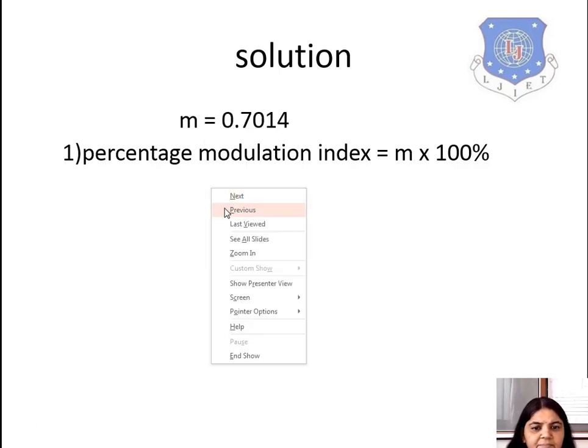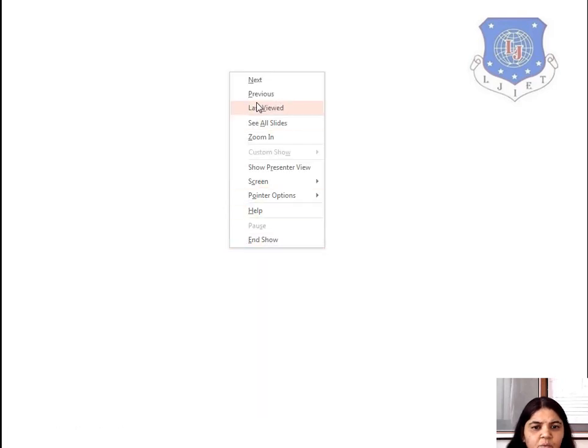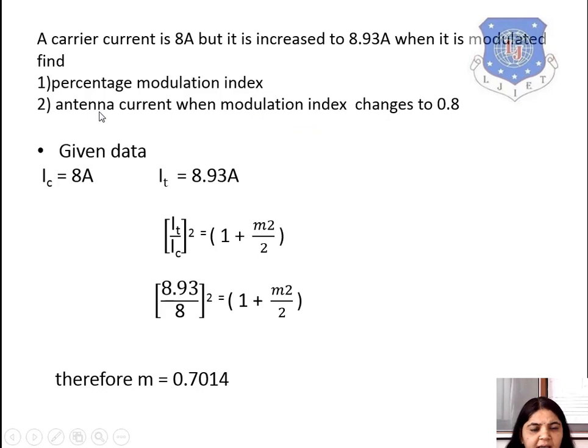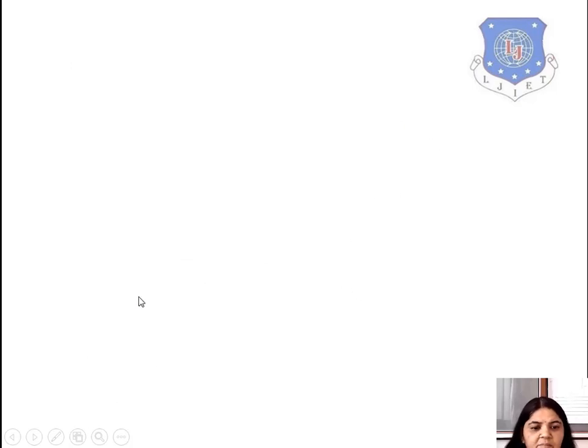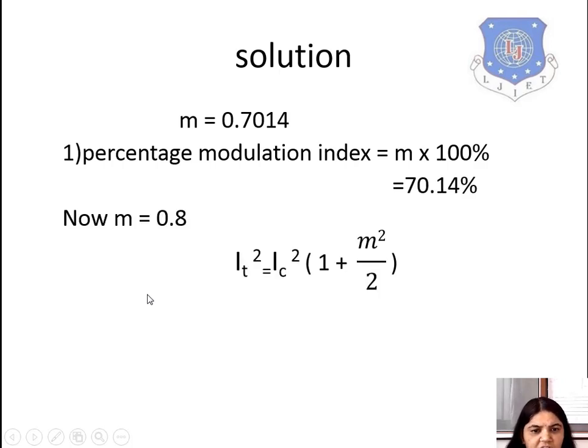So now the second thing that we need to find out is the antenna current when the modulation index changes to 0.8. So now the modulation index, the small m value, changes to 0.8. We know the relationship: IT square is equal to IC square in bracket 1 plus m square by 2.